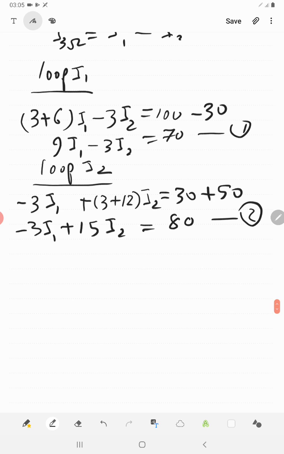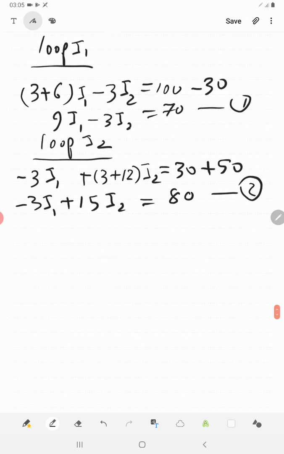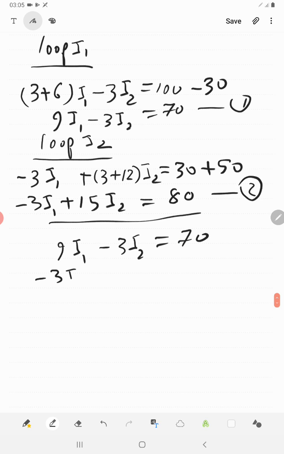Okay? So we have two equations: 9 I1 minus 3 I2 equals 70, and minus 3 I1 plus 15 I2 equals 80.